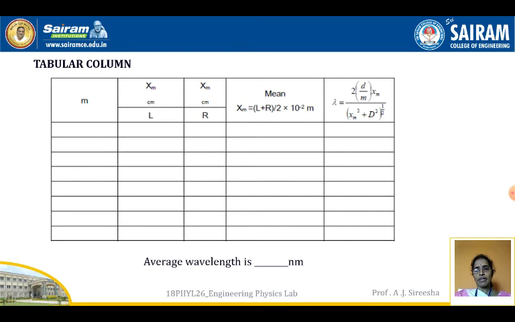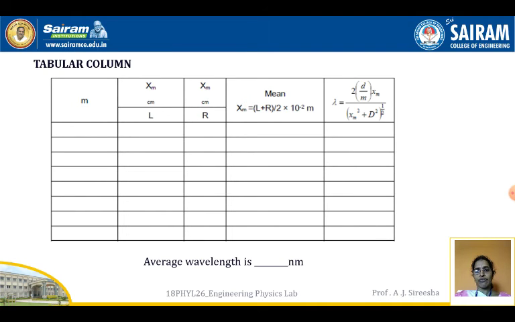Here the first column is m, the order, counted from the central bright spot: the first towards the right hand side and the first towards the left hand side. The next columns are xm in L, the distance from the center spot towards the left side, in centimeters, and xm in R, towards the right side, that is the distance from the zeroth spot to the first order towards right and left side.